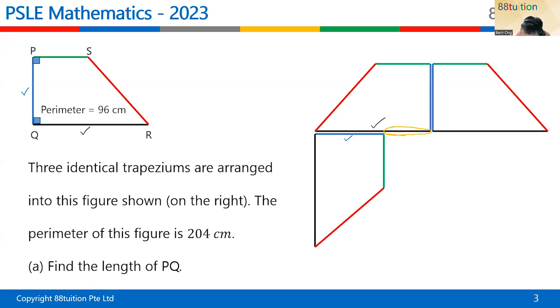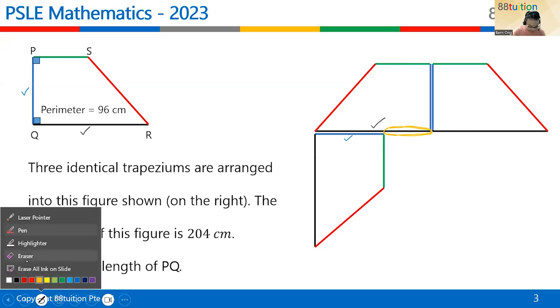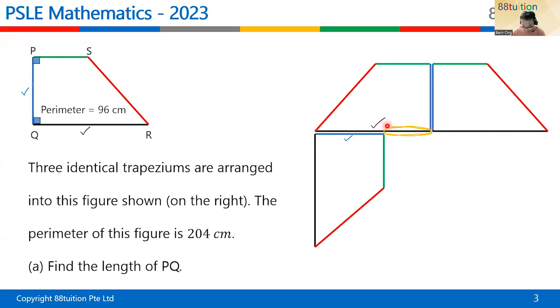Let's call it orange. Can you see the black color, this portion here? The black color is actually made up of the blue plus the orange. So say after me: black equals blue plus orange. Black equals blue plus orange.